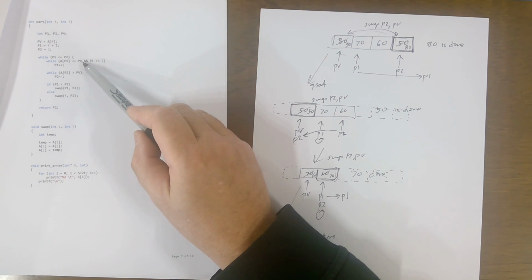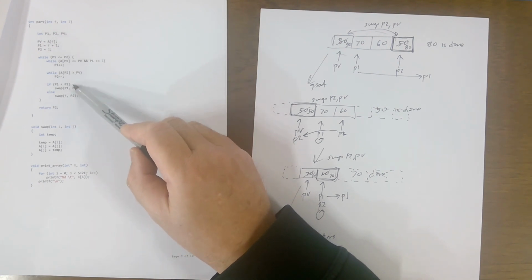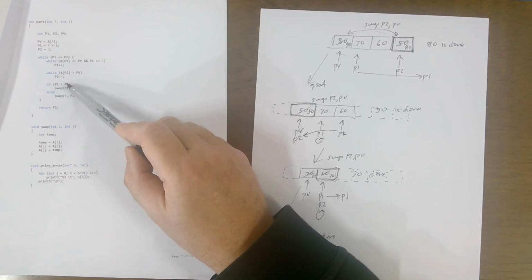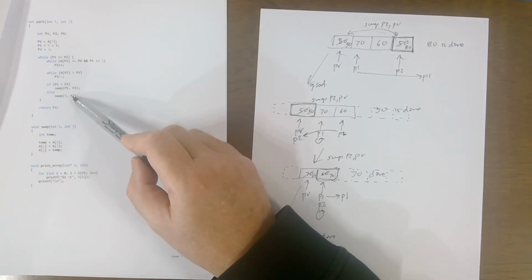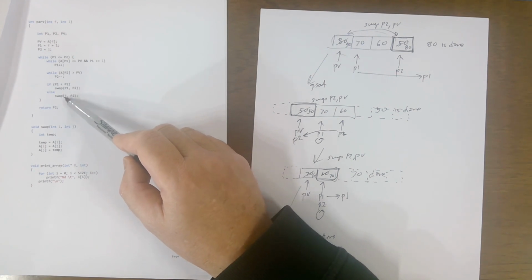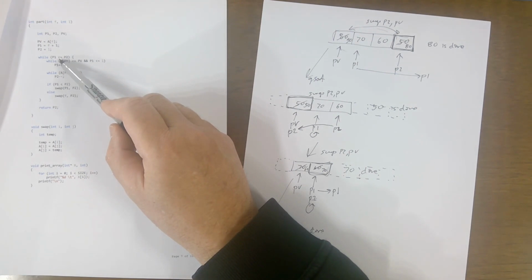Then you come back around, move P1, move P2, swap P1 and P2. You keep doing that until P1 and P2 cross, in which case you swap P2 and the pivot, and that terminates the loop.